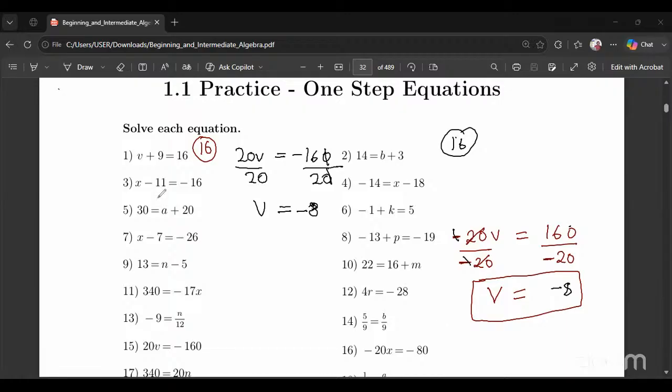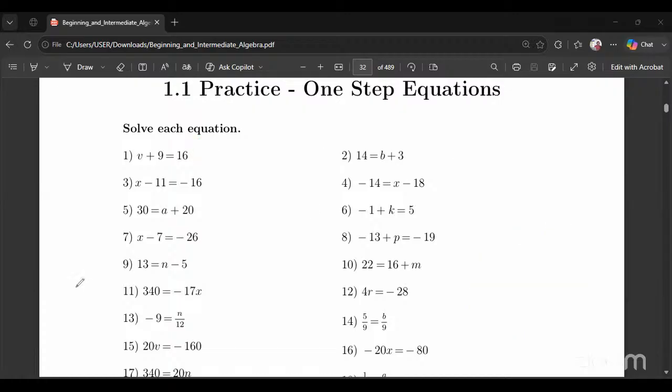Great. So I'll proceed with the next question, question 16. In question 16, you will notice that we have a negative sign appearing on both sides of the equation. So we have negative 20x is equal to negative 80. Very straightforward. To answer this, you just divide through by negative 20.